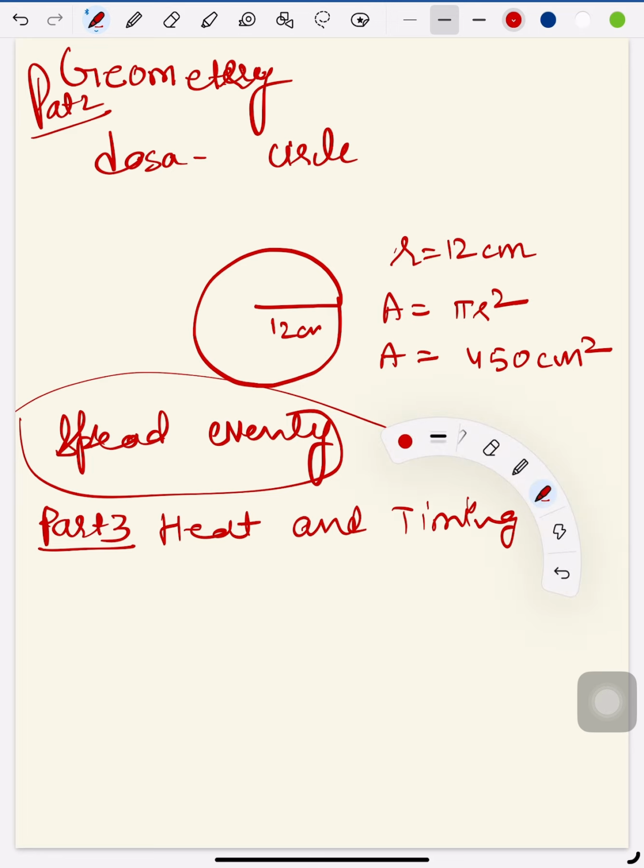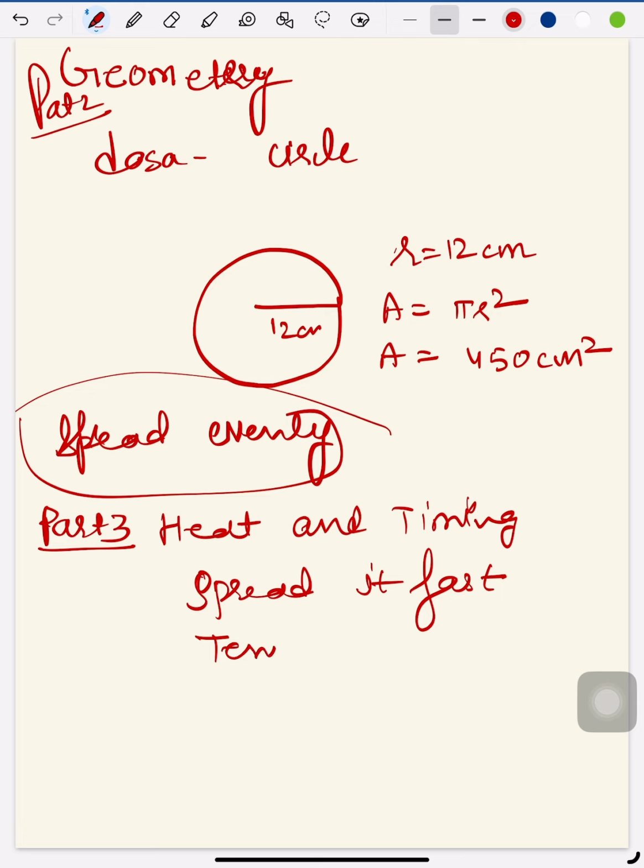So the timing should be right. The timing is how much time we can put it on it, right? So first of all, you have to spread it fast, right? And also temperature should be 180 to 200 degrees Celsius.